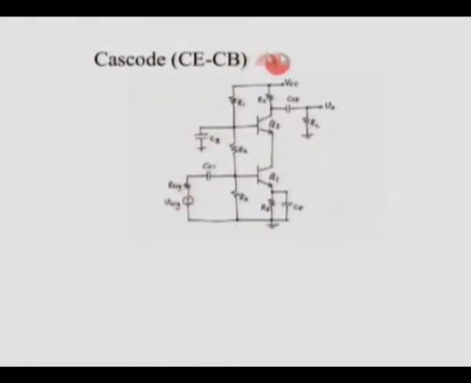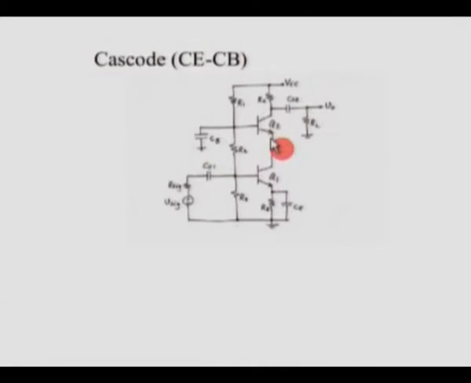This is a typical diagram with biasing and so on. You have the input coming in at this side. The first stage is our familiar common emitter stage. The collector, instead of a load here, is feeding the emitter.